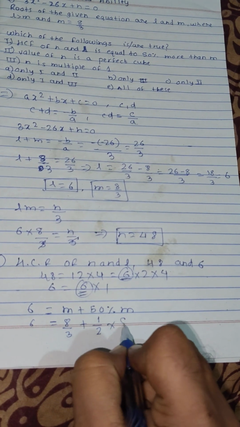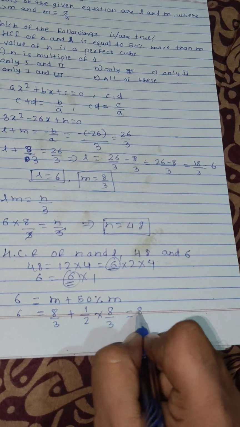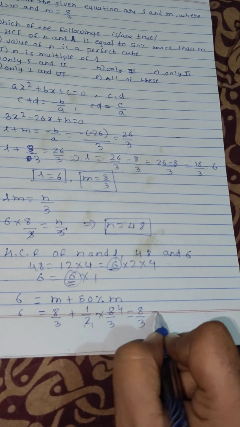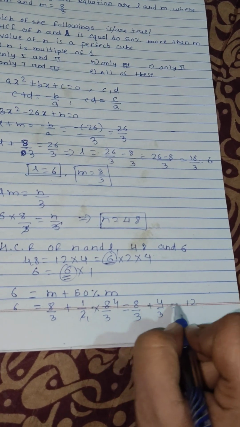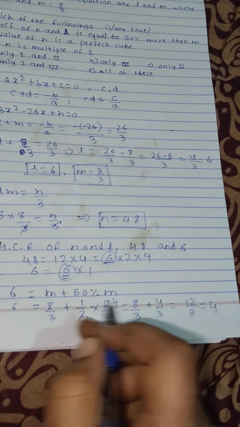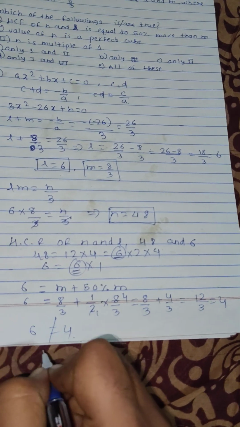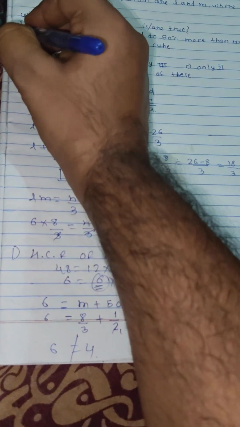Half of 8 by 3 is 4 by 3. So 8 plus 4 is 12 by 3, which is 4. So 6 equal to 4? This is wrong. 6 is not equal to 4. So condition 1 is wrong.